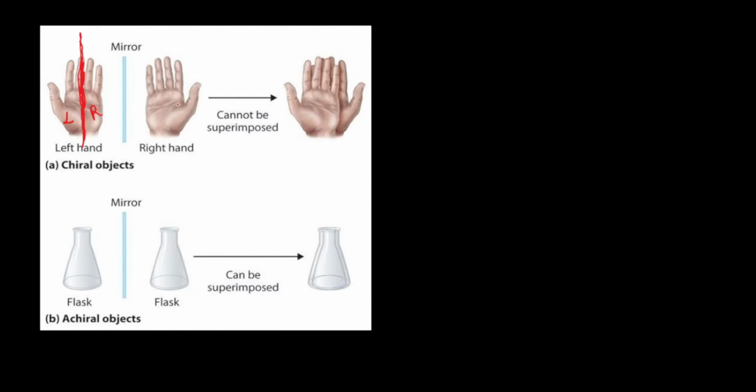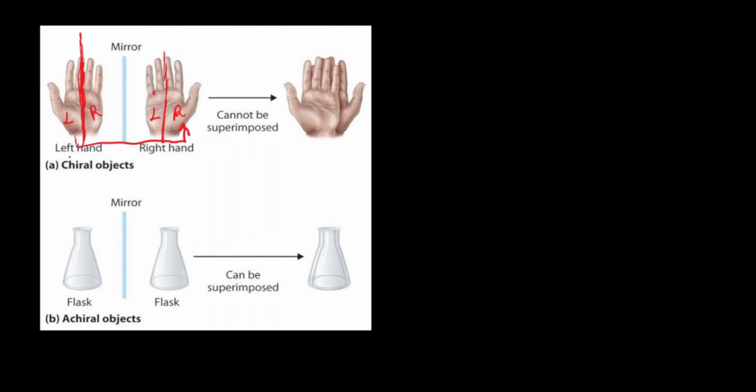Now notice how the mirror does this lateral inversion. The mirror converts the left side into the right side. If we can see this, the left becomes the right and the right becomes the left.